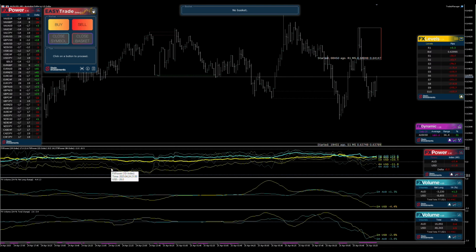So the data we gather for each of the trading symbols is the FX Power analysis of 3 different analysis periods for short, mid and long term, then the net long change in FX Volume and the total volume change for each currency individually.